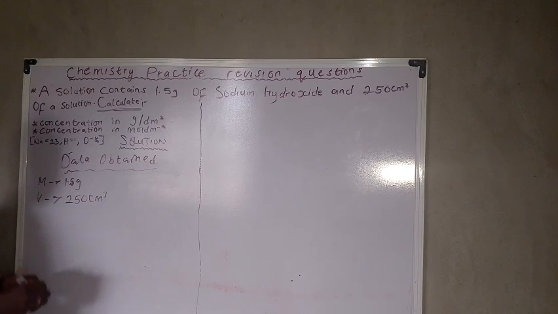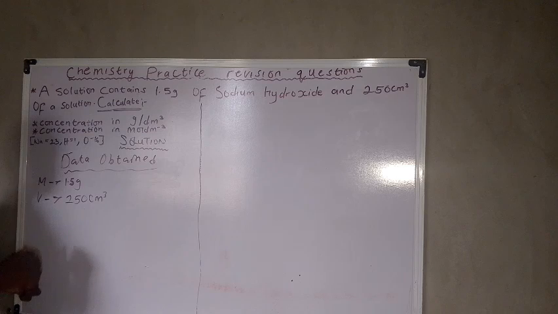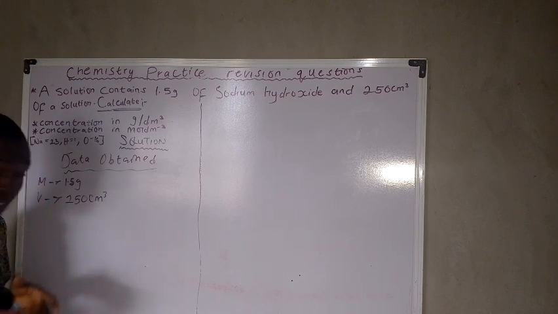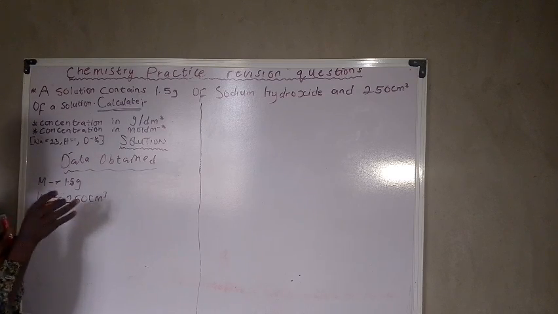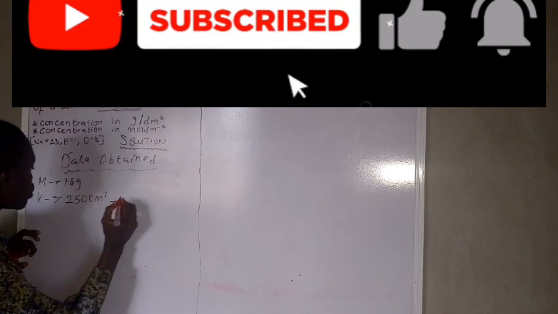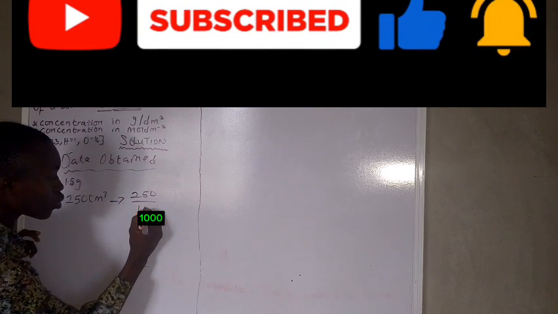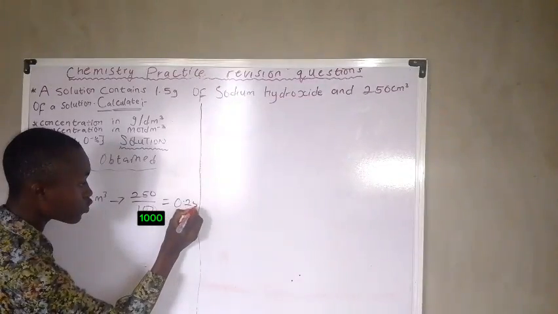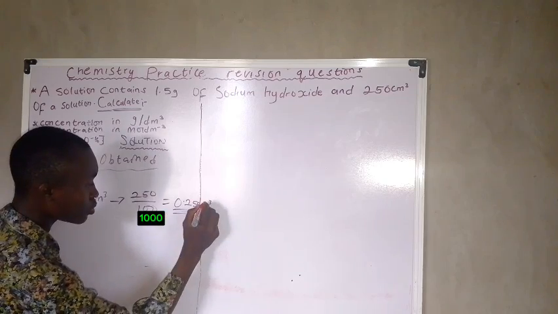When converting from a smaller unit to a higher unit, it is going to be divided by the quantity. So converting 250 centimeter cube to dm cube, you have 250 divided by 1000, which is going to give 0.25 dm cube. That should be noted.